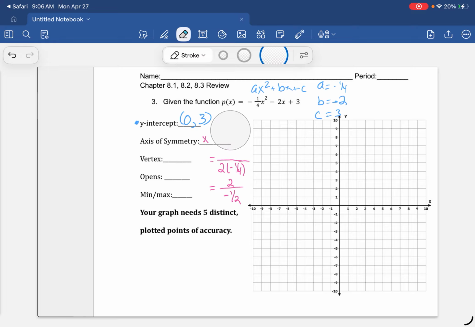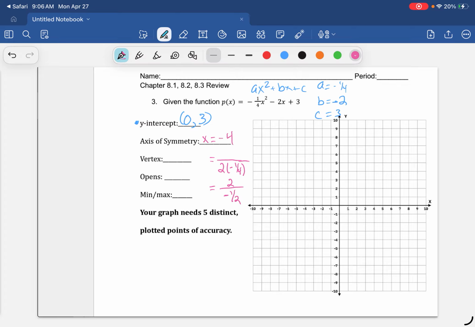Now I'm going to erase some of this. So again, it's the opposite of b divided by 2 times a. So I took 2 divided by 2 times -1/4. I also need to point out this 2 right here will always be there.